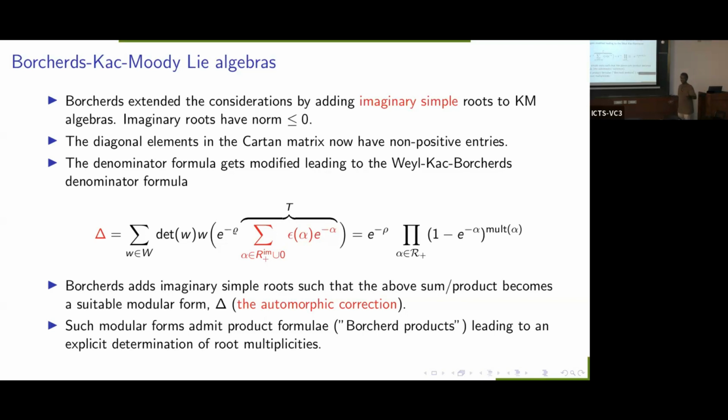You have to look at his methods are not that. Yeah, he turns it the other way. So in fact, in many cases, the product formula is called the Borcherds product formula.